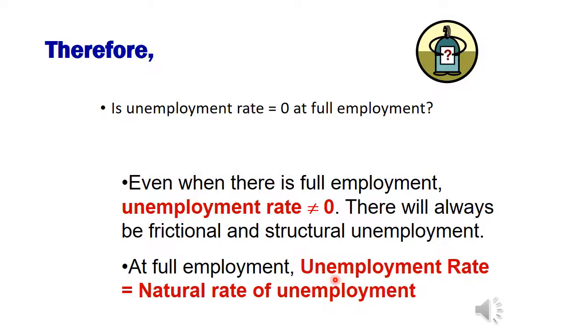Let's say the unemployment rate at full employment is 2%. This 2% comprises all the frictionally unemployed people and all the structurally unemployed people. Together, they form the natural rate of unemployment. We read the natural rate of unemployment at full employment output. It's at that point that we take a reading of how many people are frictionally or structurally unemployed, the two added together. That forms our natural rate of unemployment.